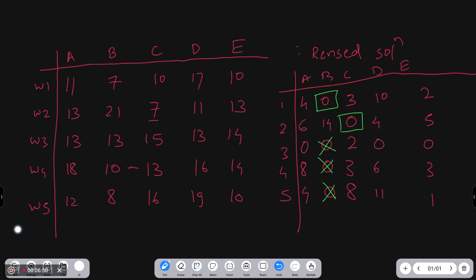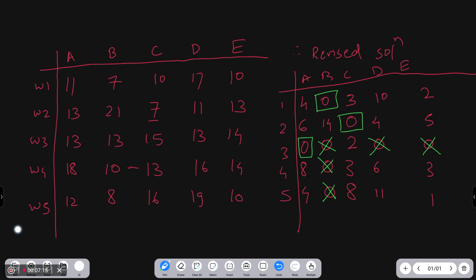Start the assignment and then go column wise. In the column wise pass, you have to assign, but at the same time I have to cross out all the zeros corresponding to that particular row and column. Now, is any more assignment possible or not? No. Now we cannot make an assignment.